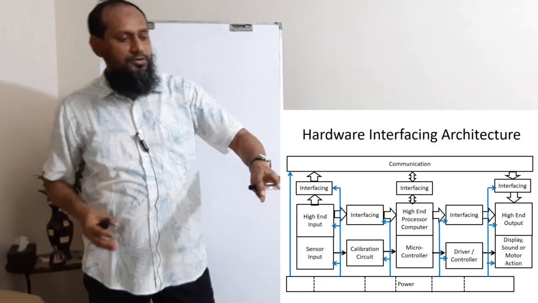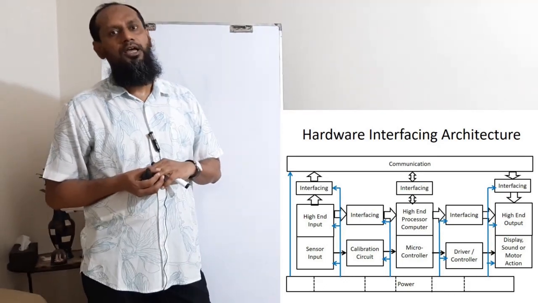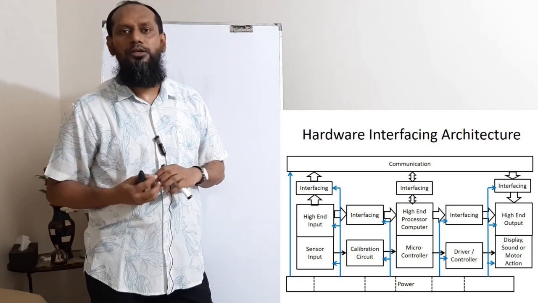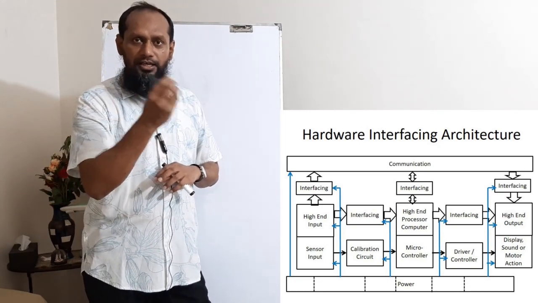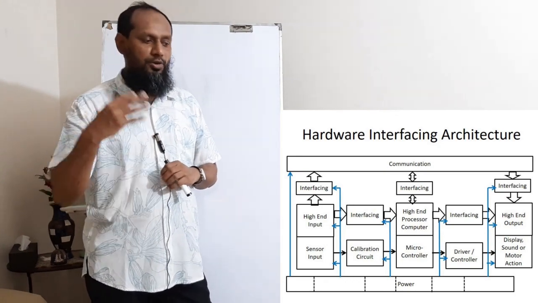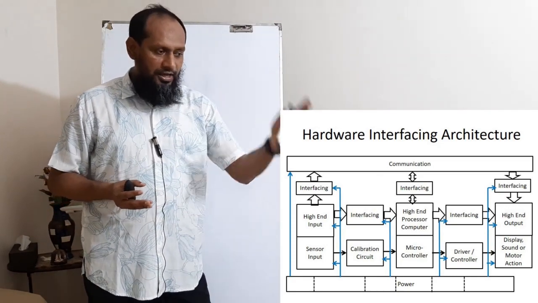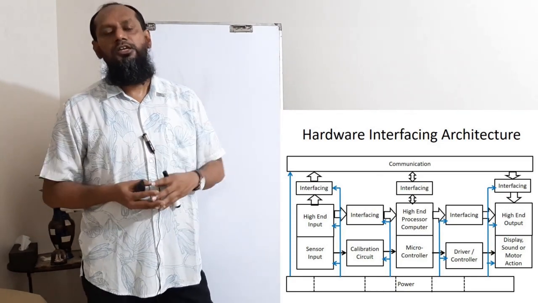There are a number of switches, and there is a keyboard controller inside, and then it communicates with the processor and the system software. For doing this, of course, it needs some interfacing. So for a high-end input device, we need an interfacing device.